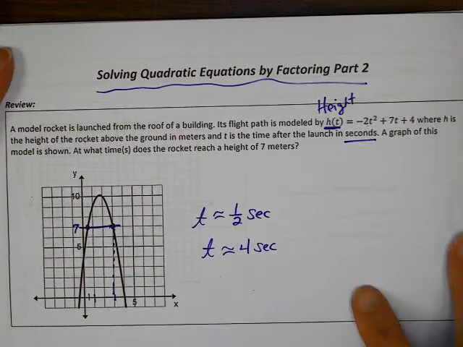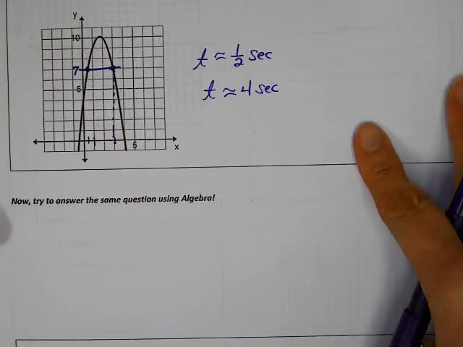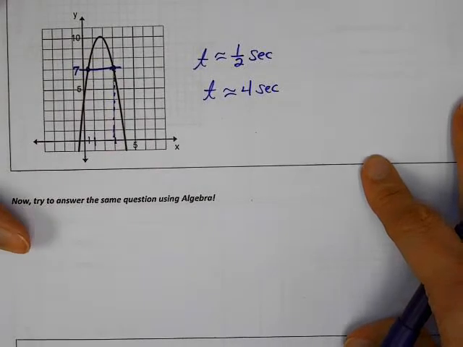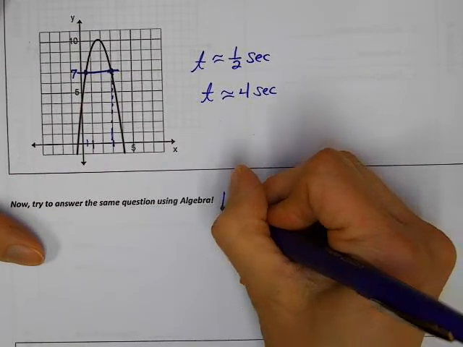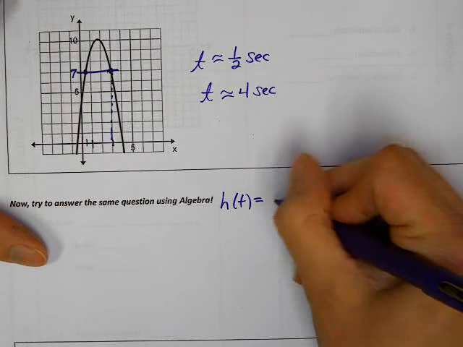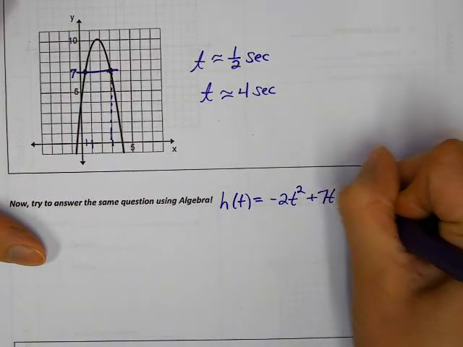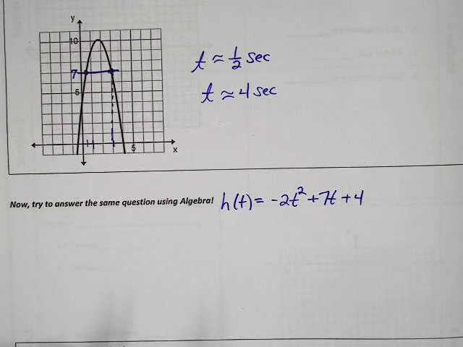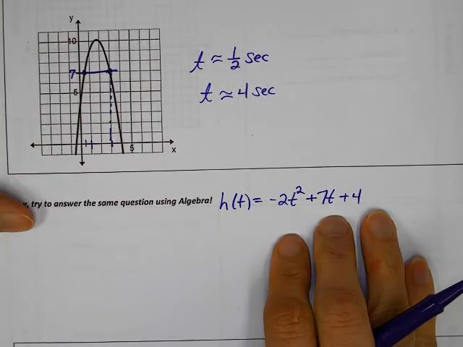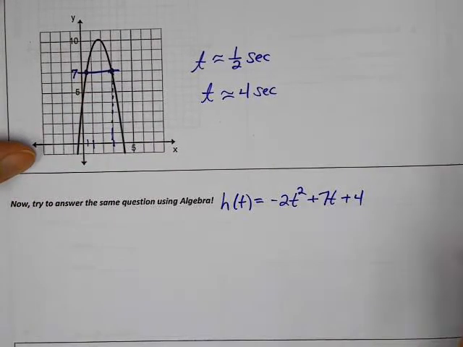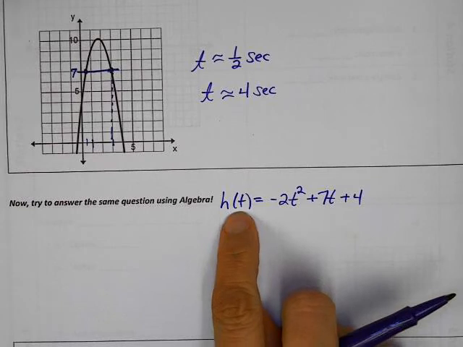Okay, so let's do the same question, but let's use our algebra skills. The equation h of t is equal to negative 2t squared plus 7t plus 4. Do I want to know where it hits the ground? No, I don't want to make it equal to 0.